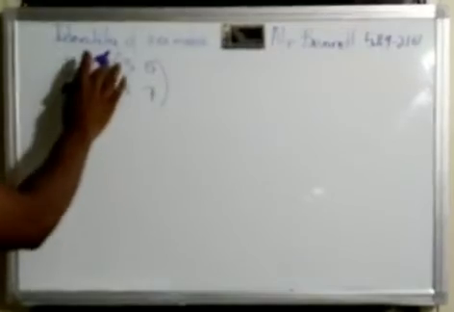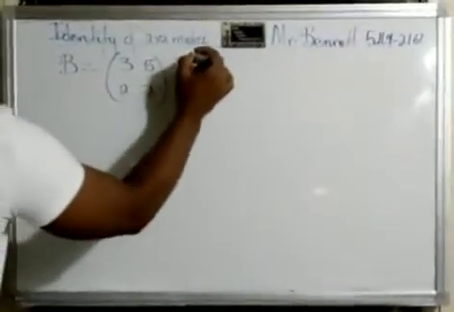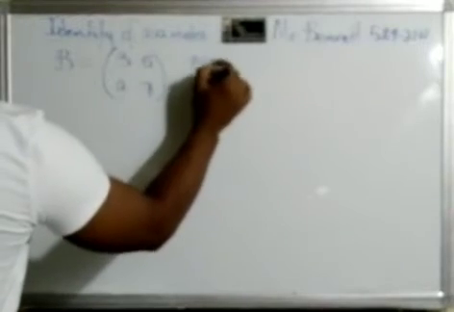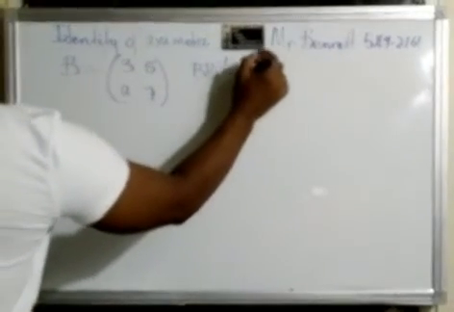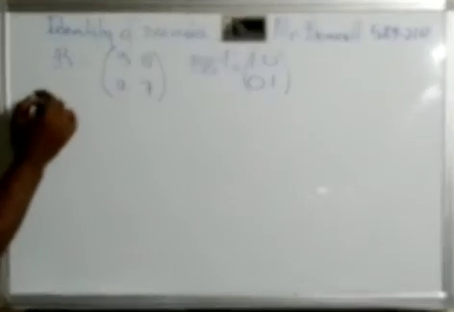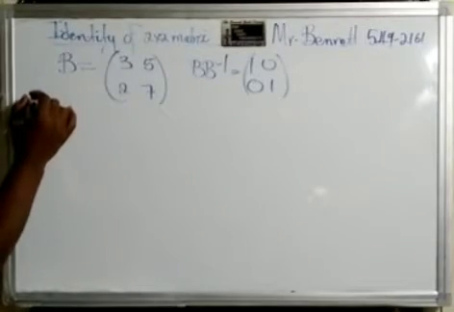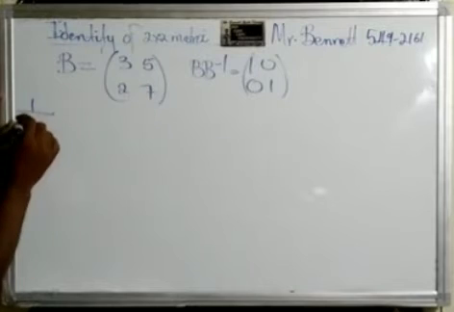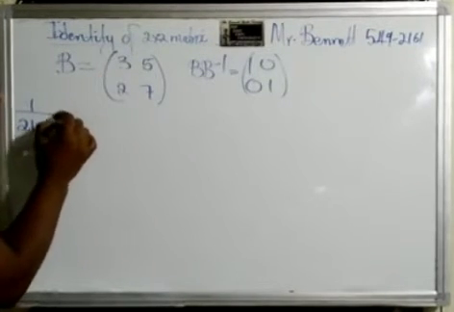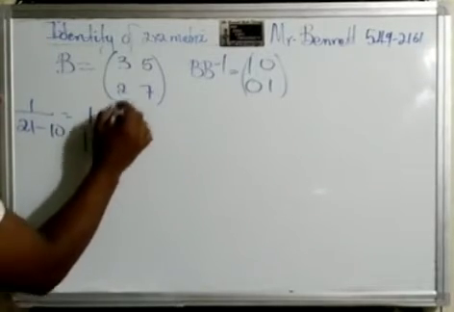And as we say, we're going to find the inverse of this, so B times B inverse is going to equal 1, 0, 0, 1. Let us prove that. Alright, so 1 over 3 sevens are 21, minus 2 fives, 10. So that works out to 1 over 11.